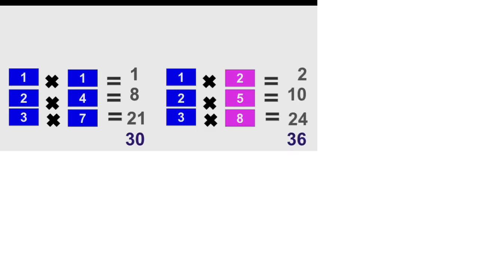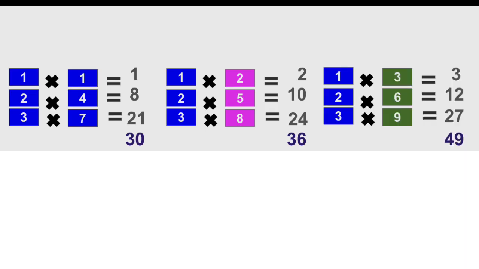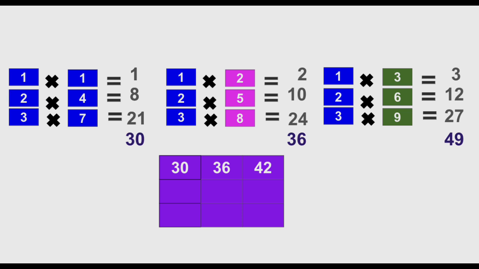Okay, so we've done the first one. Now we move on to the second one, the second column being pink. And then we move on to the third column being green. So then we have 3 values here to plug into the first row of the output C. So we just repeat that.